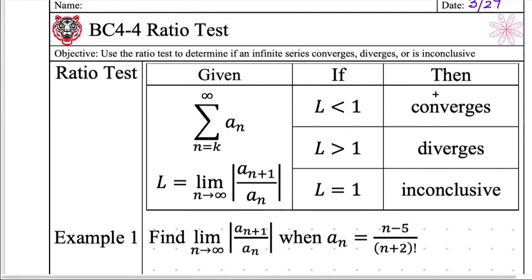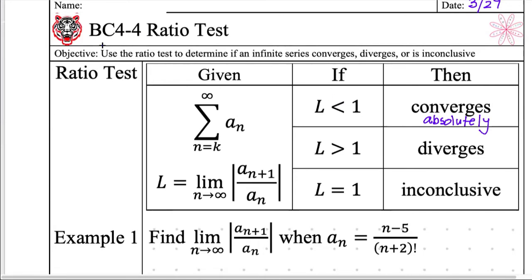I'll also make this additional note that if L is less than 1, to make it as simple as possible I'm saying it converges, but if I'm being very specific, I'm saying that it converges absolutely. And converging absolutely versus conditionally, there is a difference. If it's conditional, then that's like the alternating series test.